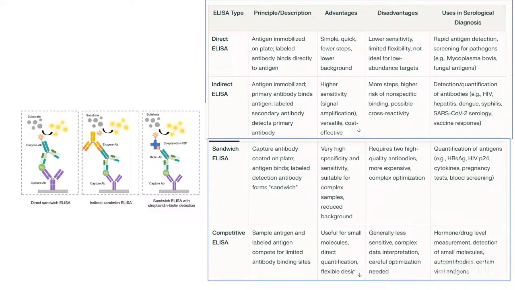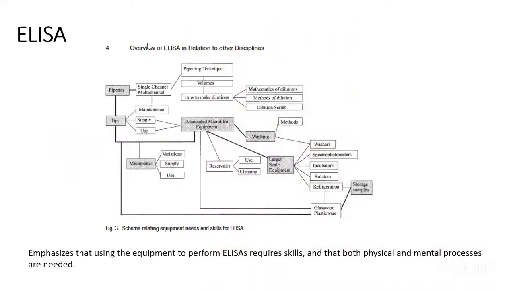We want to use this particular technique to automate the entire system. Why? Because when you see the complexity of ELISA, starting from the pipetting, it requires a lot of skill, both physical and mental. And as we know, we sometimes make a lot of errors in this.